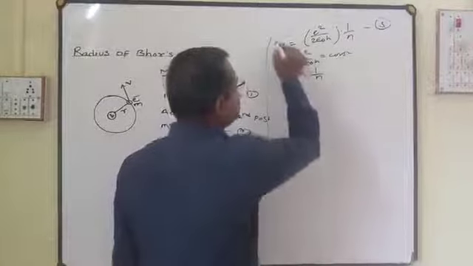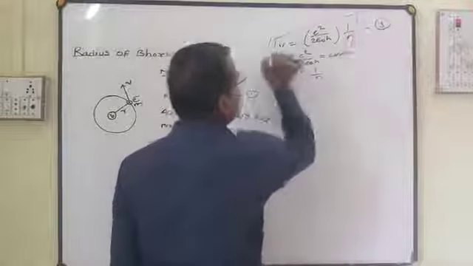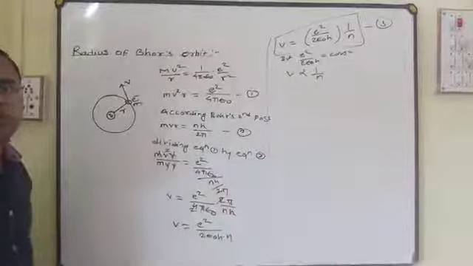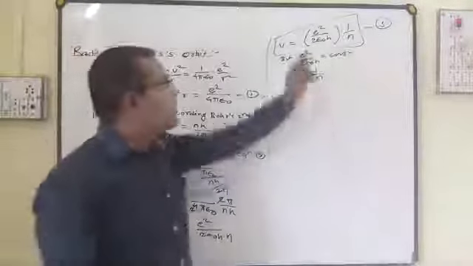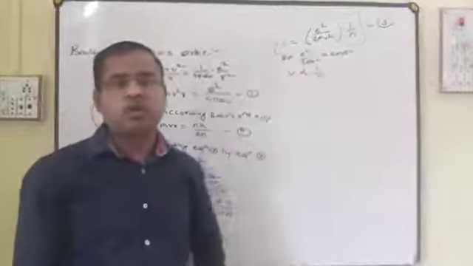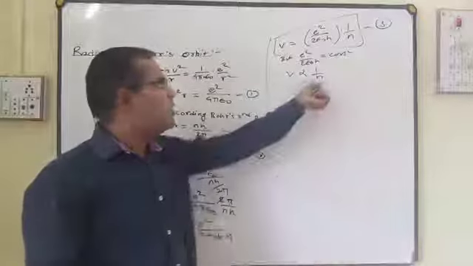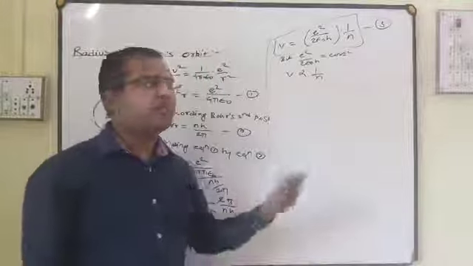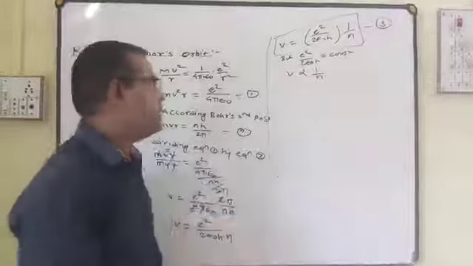This is the expression for the velocity of the revolving electron, and it is inversely proportional to the principal quantum number or number of orbits. That means as the number of orbits increases, velocity goes on decreasing.